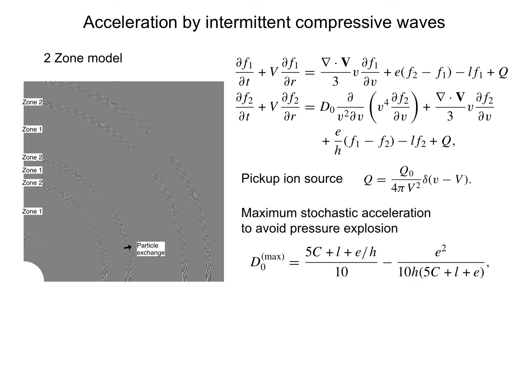In the solar wind, compressible turbulence does not appear everywhere, only in limited volumes of space or time. So this shows the intermittent compressible turbulence, and you divide the space into regions with acceleration and without acceleration.